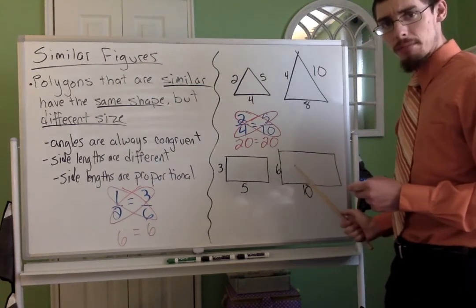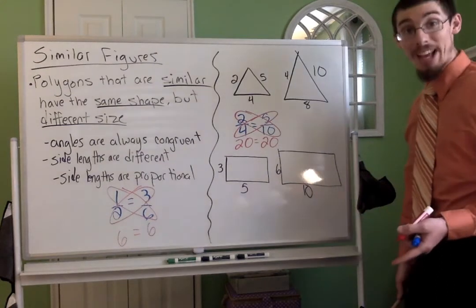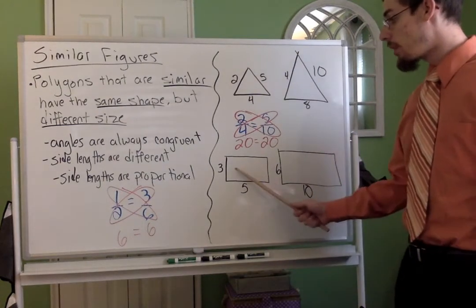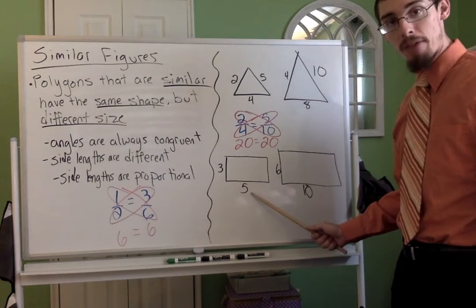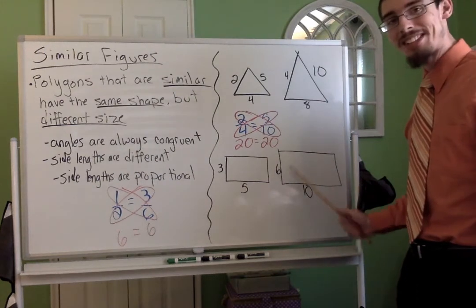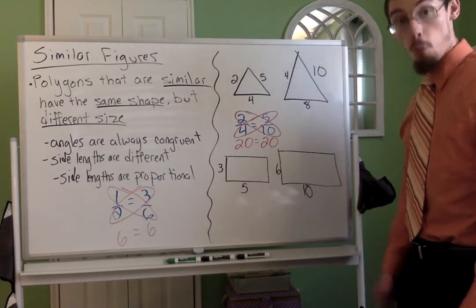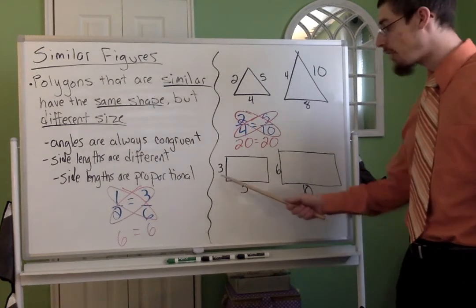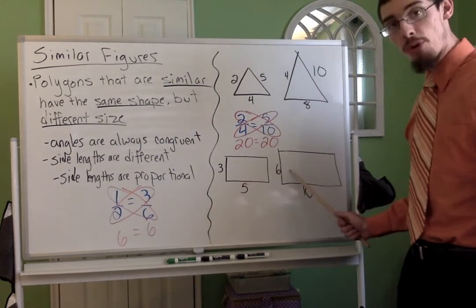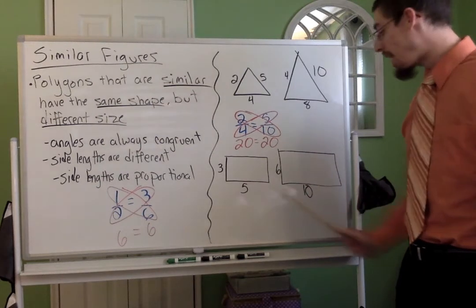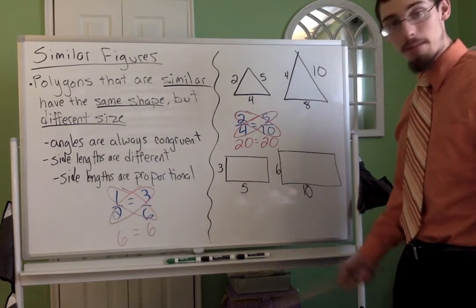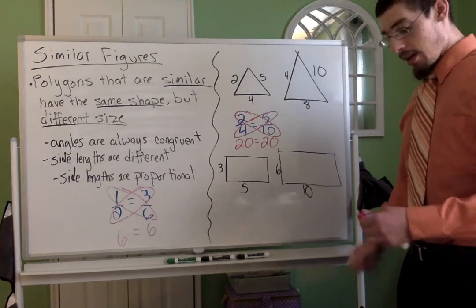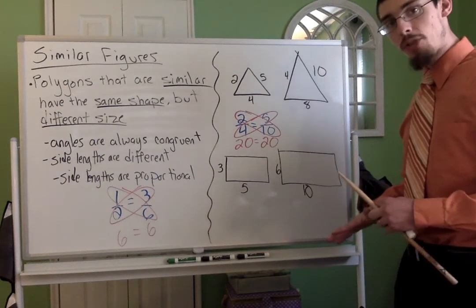Down here, I have 2 rectangles. One has 3 by 5, the other one is 6 by 10. Once again, you can notice that this one is basically double the size, right? 3 times 2 is 6, 5 times 2 is 10. Now there's actually a couple different ways you could have set this up.